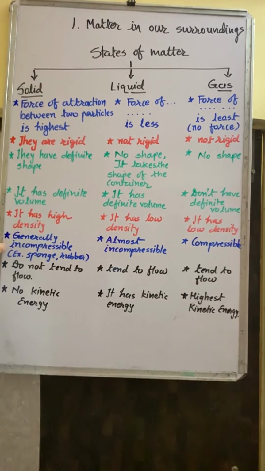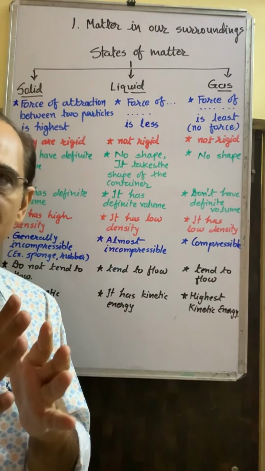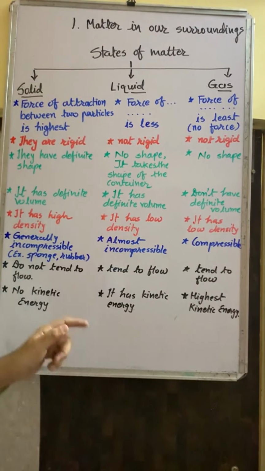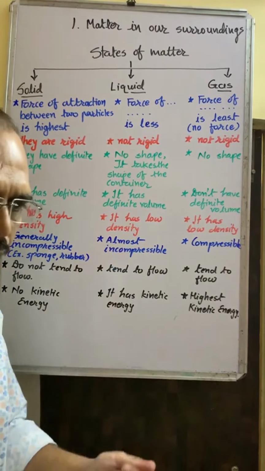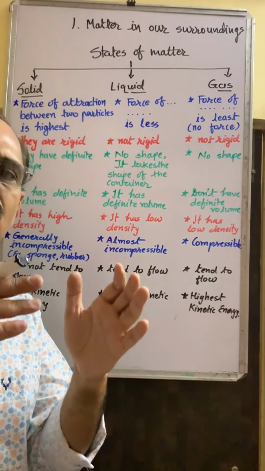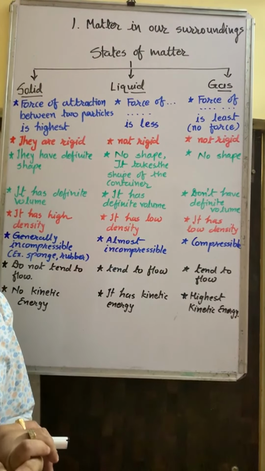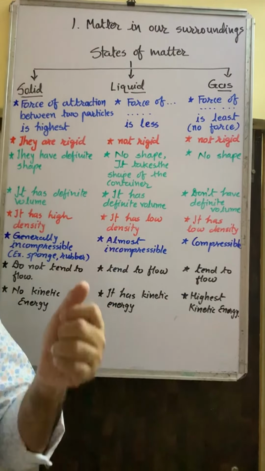Generally, this one is important. Generally, solid is incompressible, means you cannot compress a solid. Exceptions are there that I have written here, sponge and rubber. Few solids like sponge and rubber can be compressed. Otherwise, we cannot compress by applying simple force, not the high force, not with a hammer.